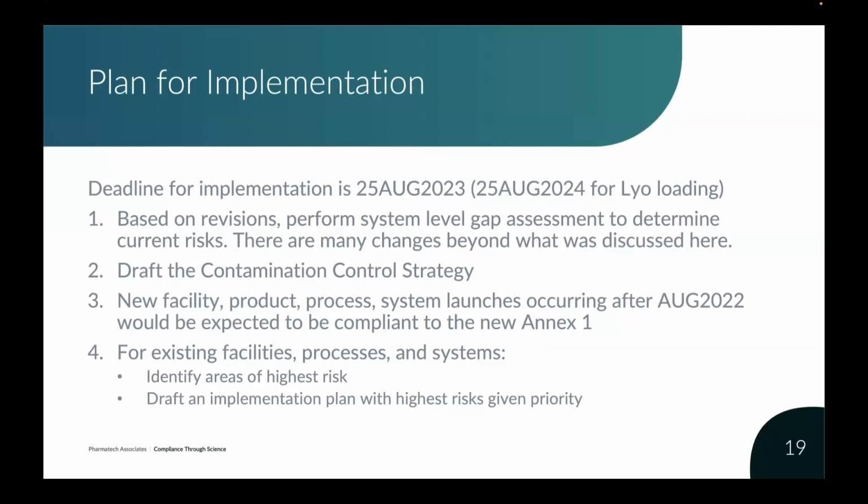So best you can do, get that contamination control strategy done, have a risk assessment, put a plan together, so at least you can show that if you have any sort of audit happening. We don't know what areas the EU will focus on, or which will be the most aggressively audited. We won't know that until those audits start happening after August, and then the industry can appropriately respond.